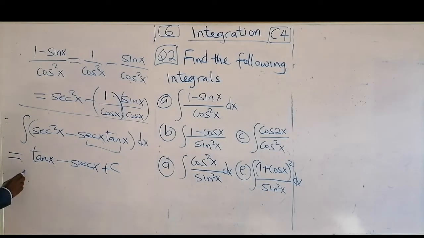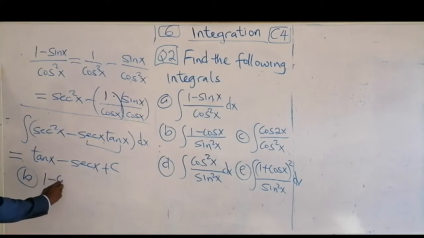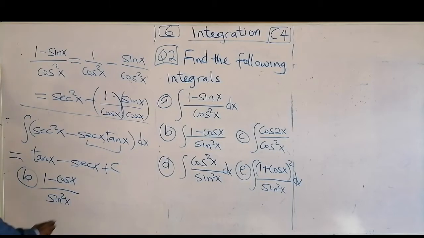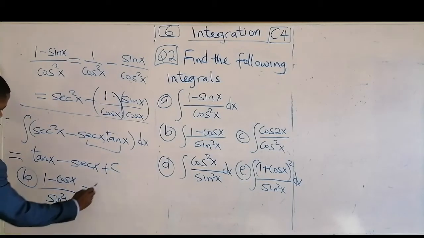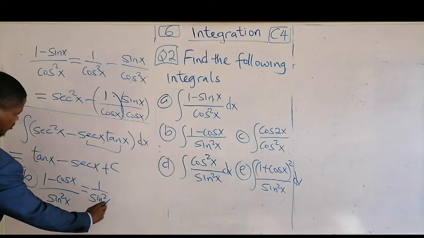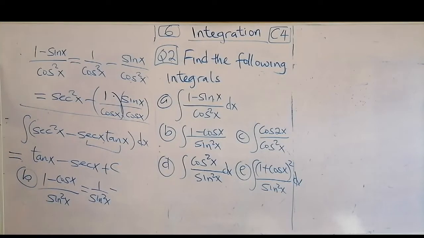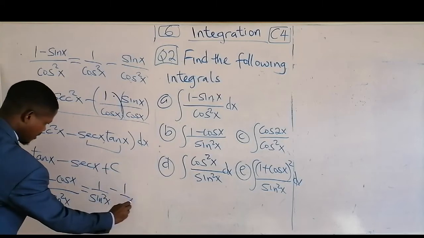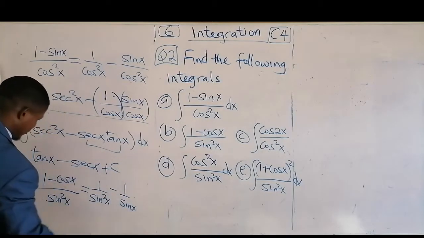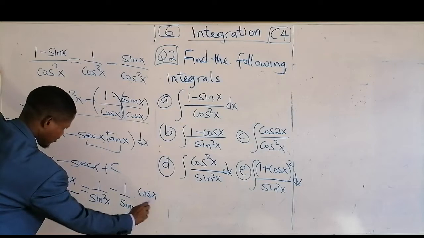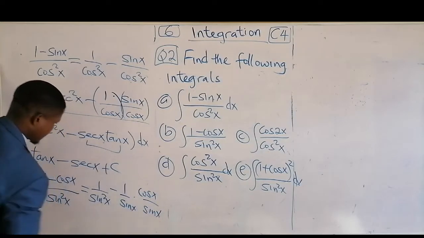Okay, the second part, also, 1 minus cos x over sin square x. We'll do the algebra, and that will be 1 over sin square x minus, we're going to split this into two parts: 1 over sine times cos x over sin x.